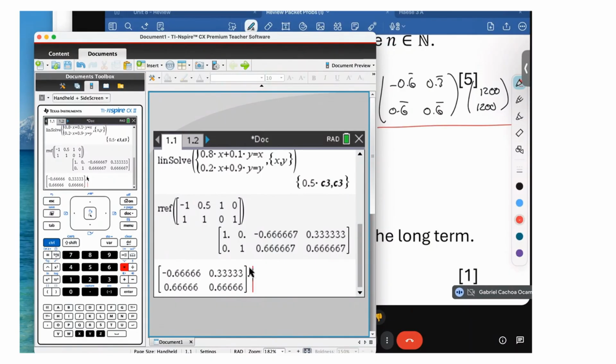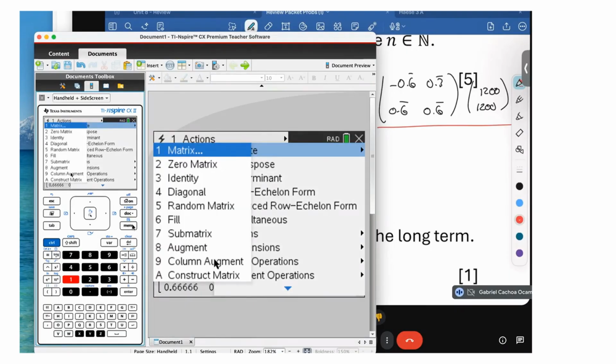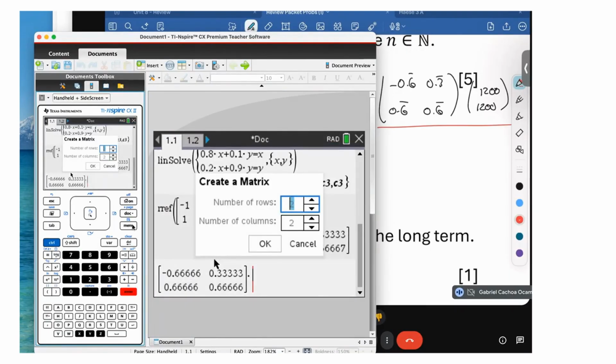Okay, times menu 7 1 matrix. Now number of rows, 2 rows but 1 column.